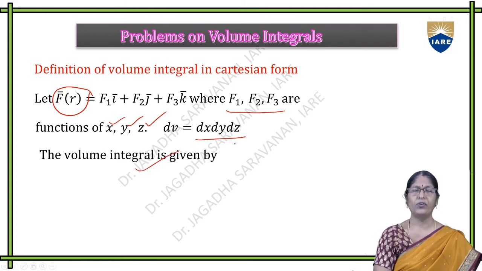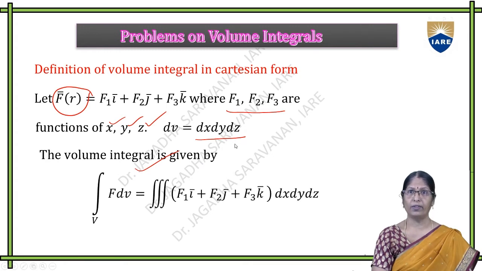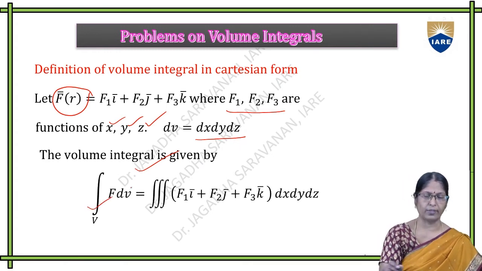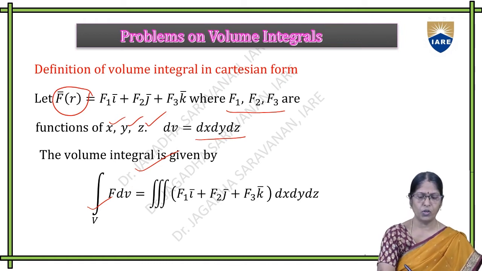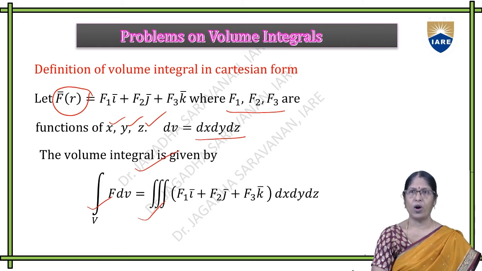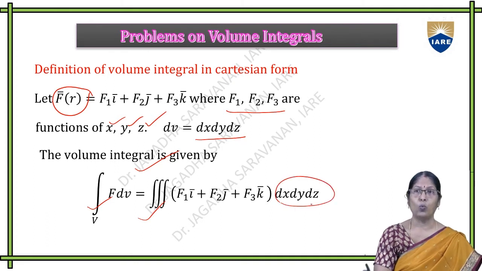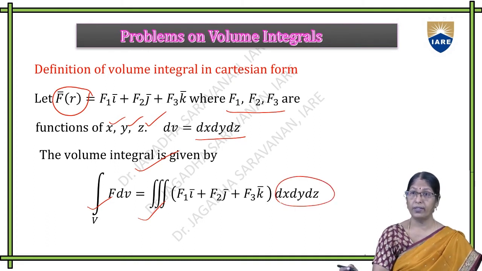Now, the volume integral is given by the formula: the integral over V of F dV, which is equal to the triple integral of F1 i plus F2 j plus F3 k. This dV, the volume, is in 3 dimensions, that is dx, dy, dz.